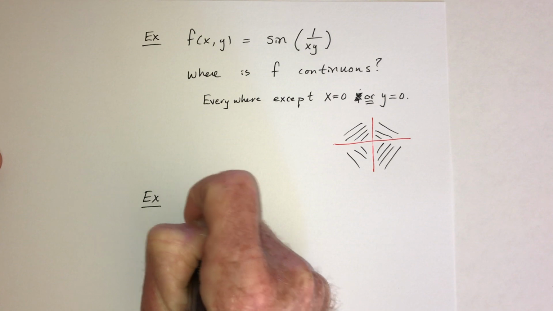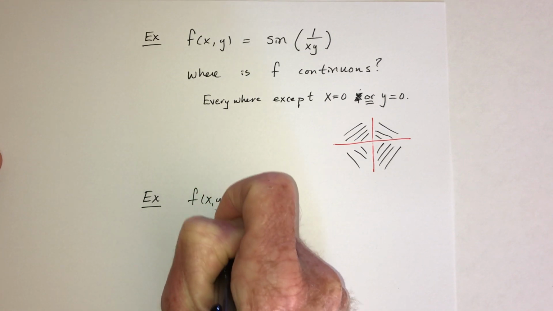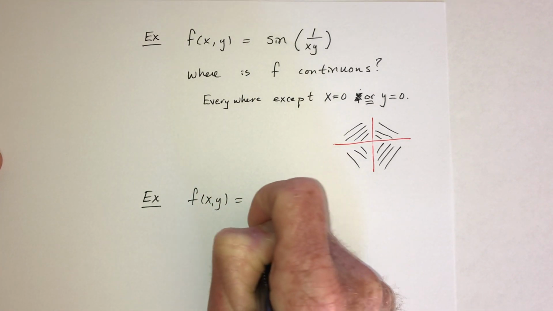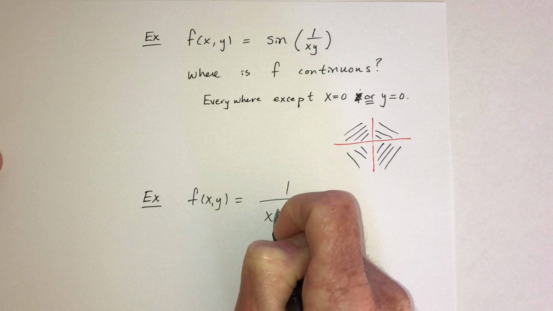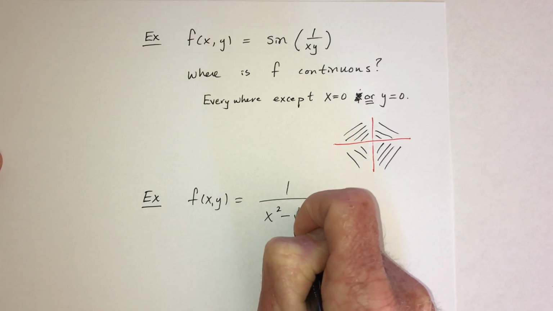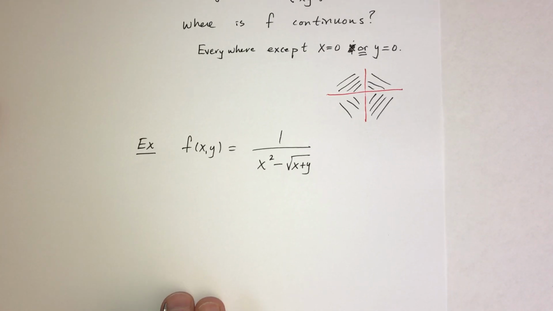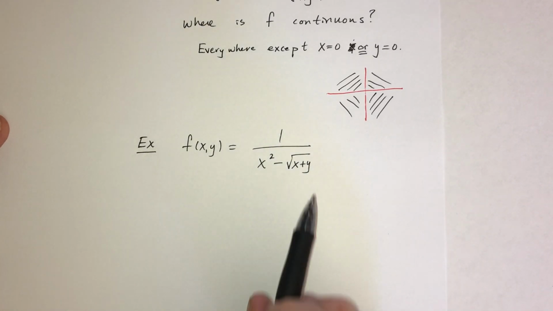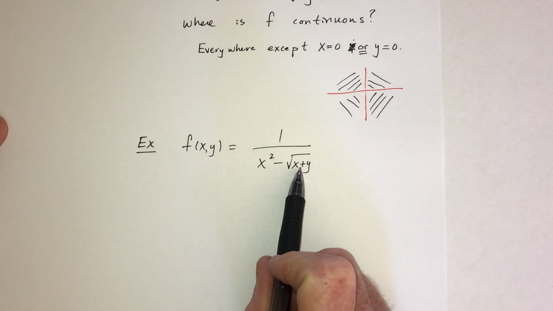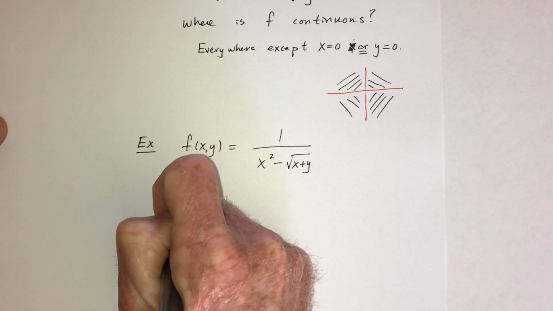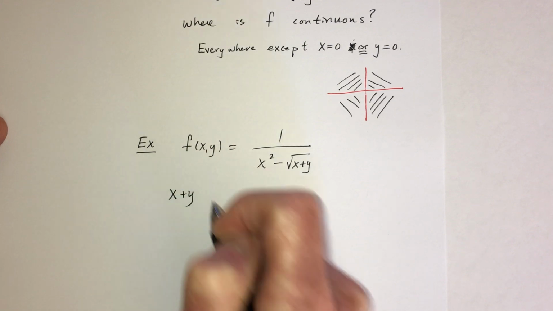So this time the function is 1 divided by x squared minus the square root of x plus y. All right, this one has a square root. So that means that whatever's inside the square root needs to be a positive number. So we need x plus y.